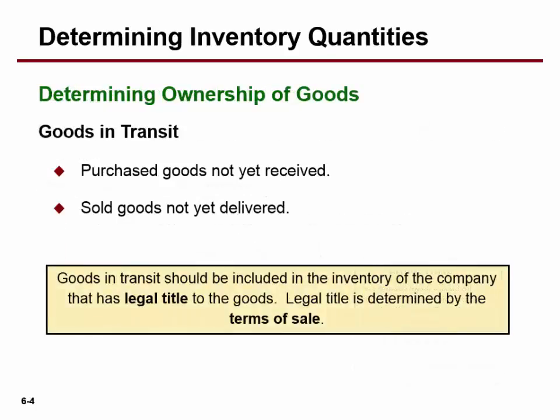All right, so we come over, and we have the issue of goods in transit. If goods are being shipped in transit, we talked about this in chapter 4, didn't we?